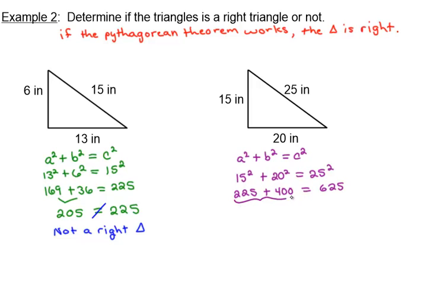We are going to add these two together, and this gives me 625 is equal to 625. Oh, that works. So this means yes, this is a right triangle. And that's basically how you use the Pythagorean theorem. Thank you.